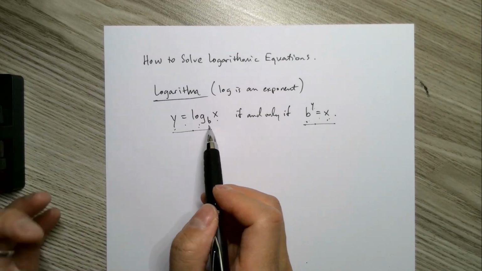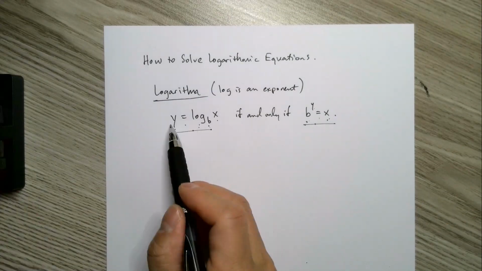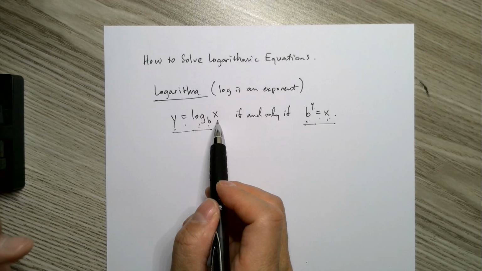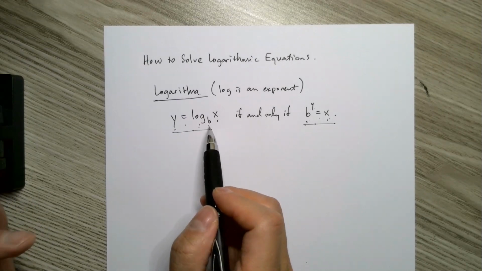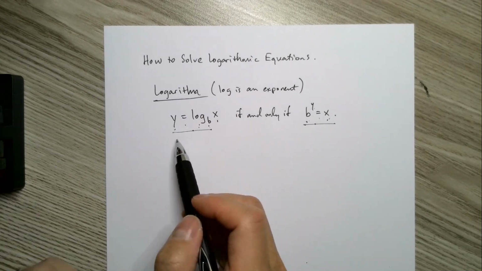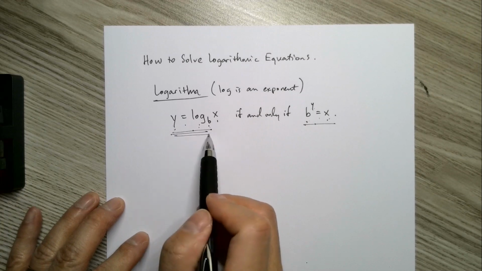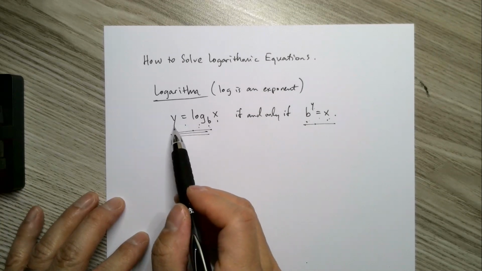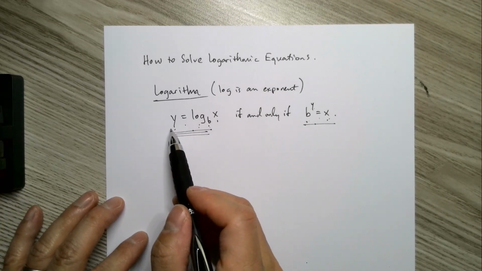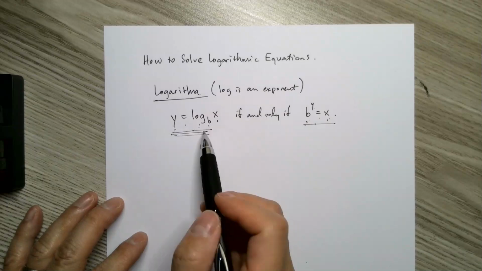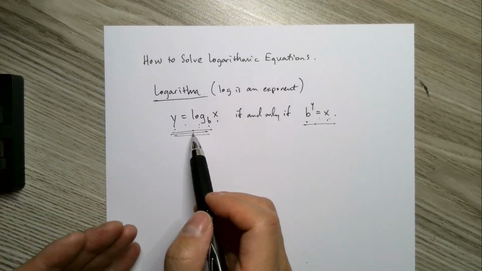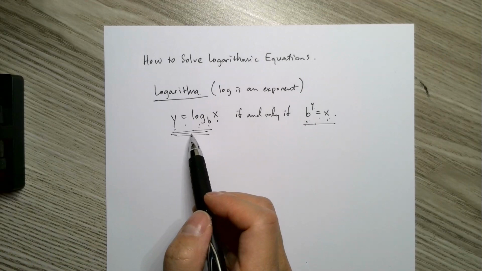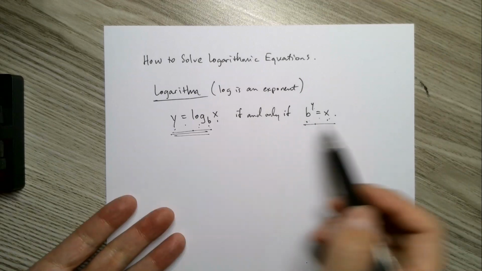B is still the base, y is still the exponent, x is still the result when you raise b to the y power. The only difference is that in this equation, y is isolated. So the logarithmic equation is simply a way to isolate the exponent in this relationship.